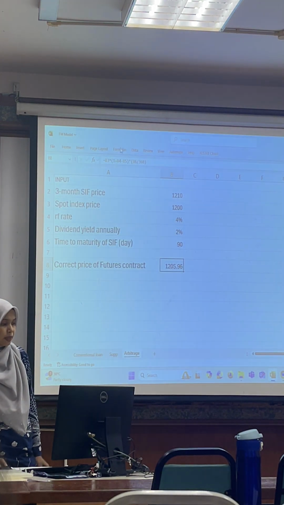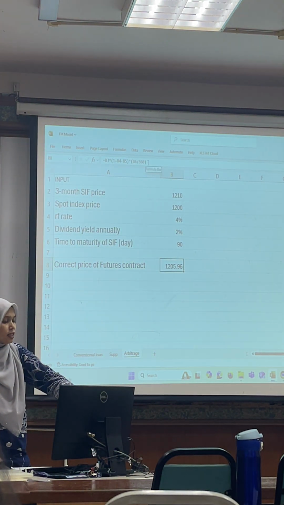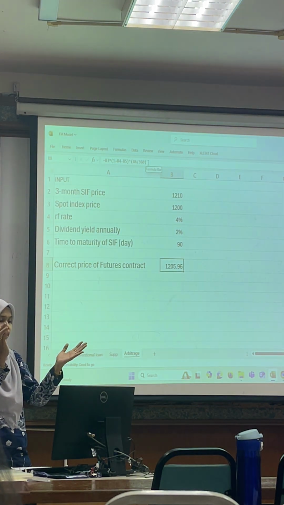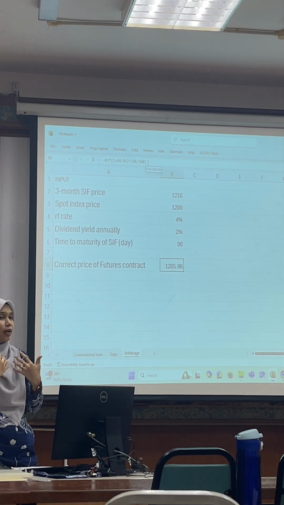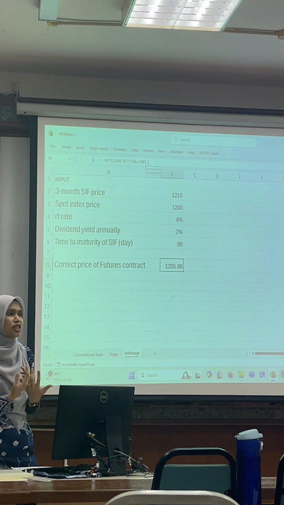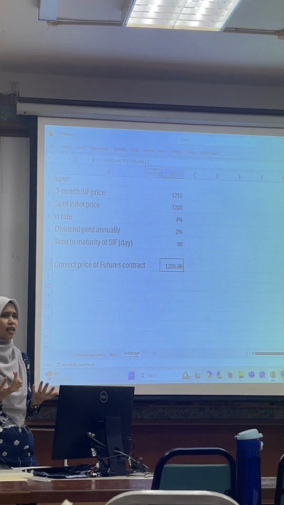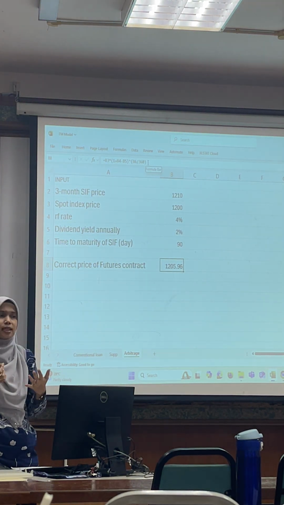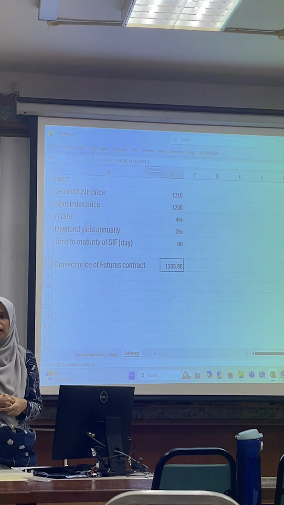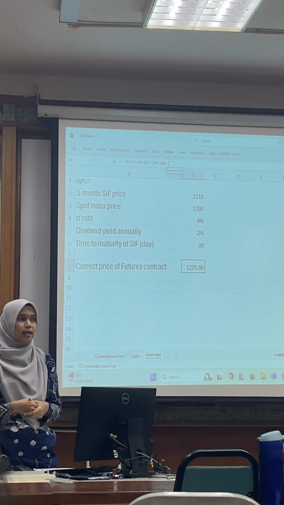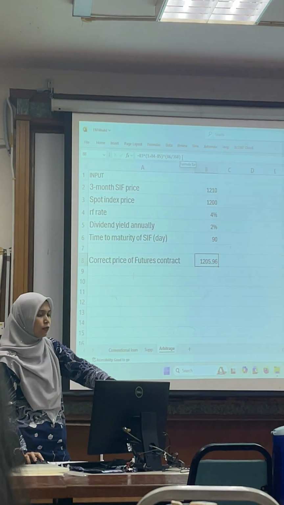Before this, when you do the calculation, sometimes you use your own logic. For example, when I get this 90, it's not logical. The price is 90, right? There's something wrong with your calculation. So check your formula. Everyone get this? You refer to this.